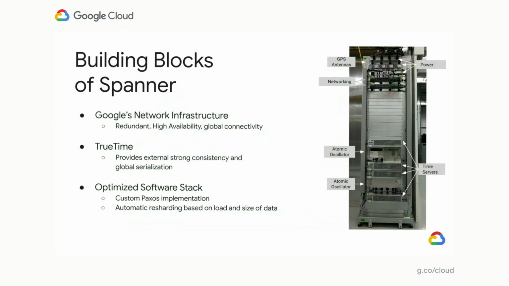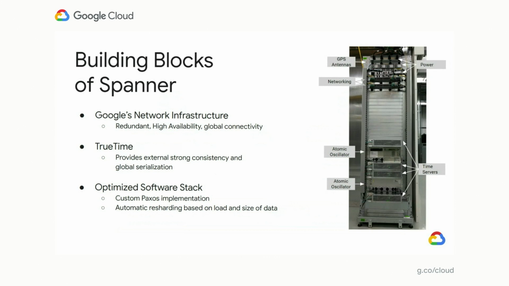So the network plays a lot of role as part of what we offer to our customers in terms of latency, in terms of reliability, and having Google's network infrastructure backing Cloud Spanner is really important. And as you know, Google's network infrastructure is redundant, highly available, and Spanner being multi-regional and something which customers are using as a global database, network plays a big role.